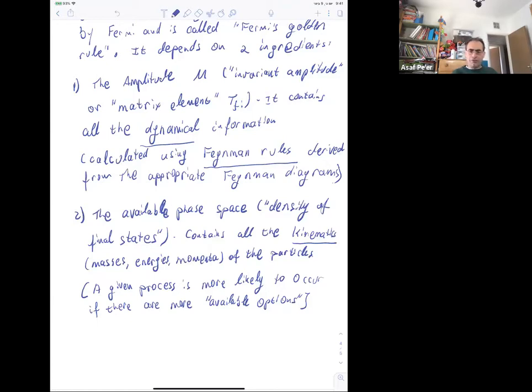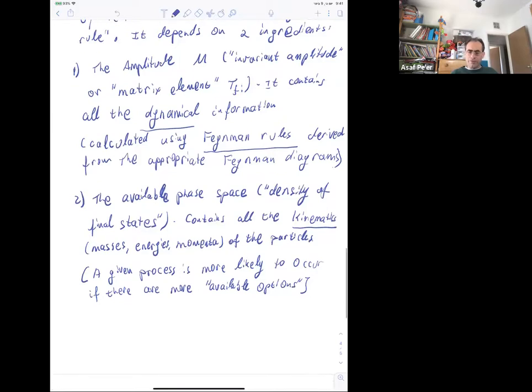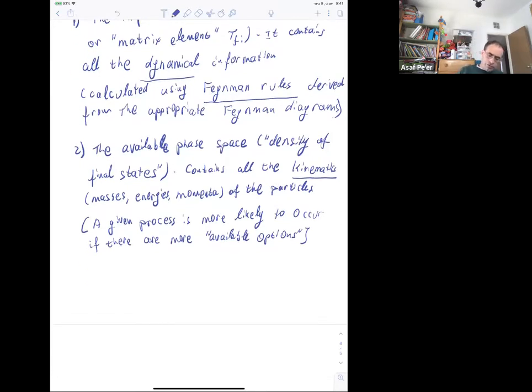And as I told you, if we have some time, I'll actually do the derivation, this quantum mechanical derivation. Questions? No? Okay. So let's write down the golden rule for decays.